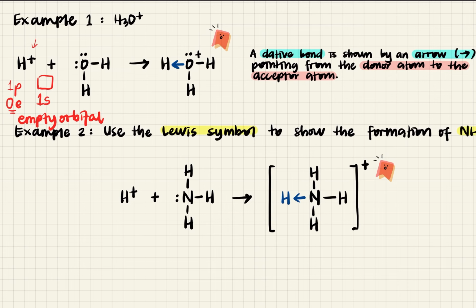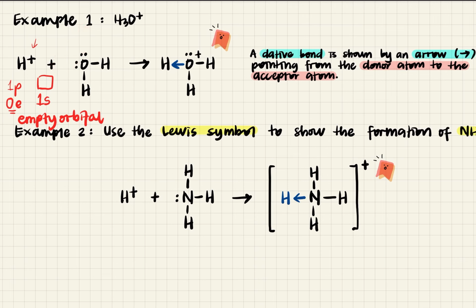This water molecule, if you look here at the oxygen, you have 1 and 2 lone pair electrons. Okay, so when you have lone pair electrons, it means your oxygen here can donate these electrons.